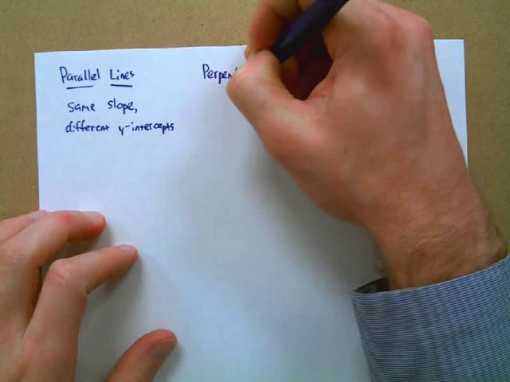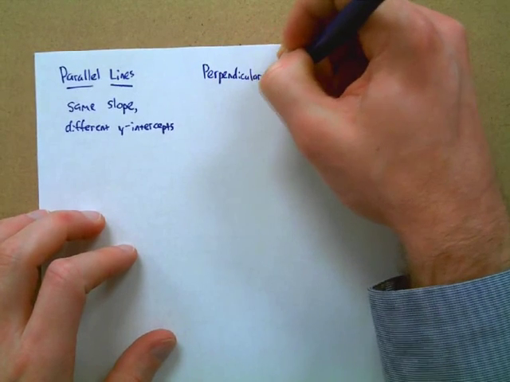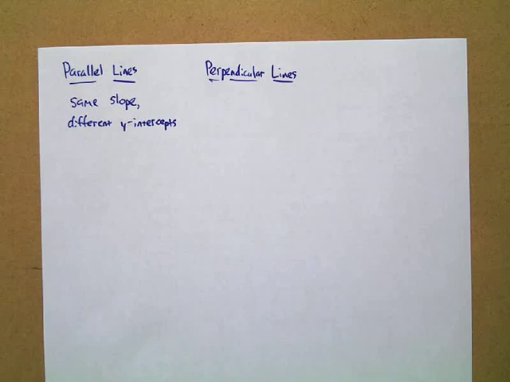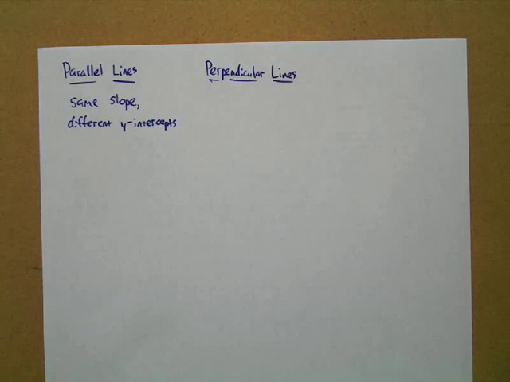Opposite and reciprocal. You have to flip it too. So opposite reciprocals, or opposite reciprocal slopes. Reciprocal is a fancy word for flipped.